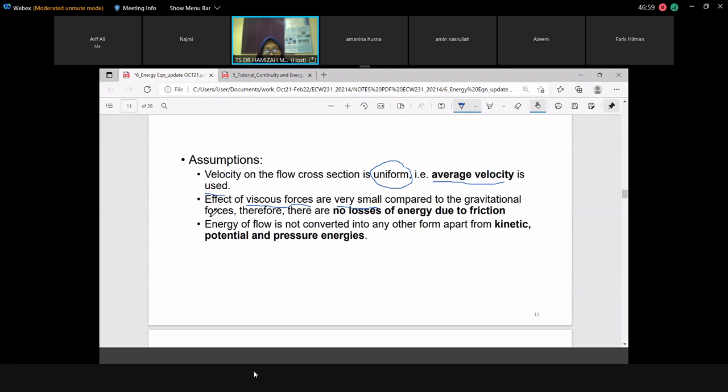So there are no losses of energy due to friction. Tak ada any losses during geseran. And the energy of flow is not converted into other form. It only involves kinetic, potential, and also pressure. Tak ada heat energy, what other type of energy tak ada involved in this one. We only have kinetic, potential, and pressure.